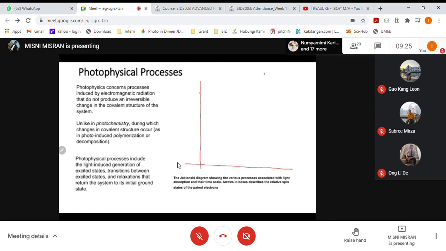When we talk about a molecule, it's made up of more than one atom. Okay, and normally the ones that absorb light energy, mostly they are those molecules that have pi electrons, the 2p orbital.